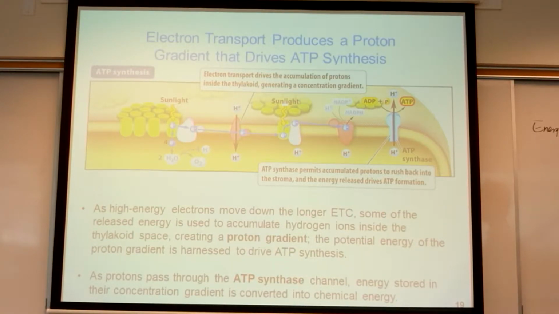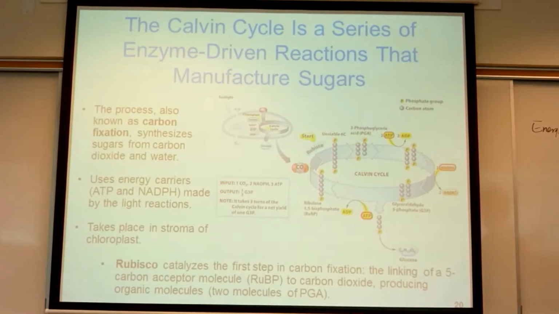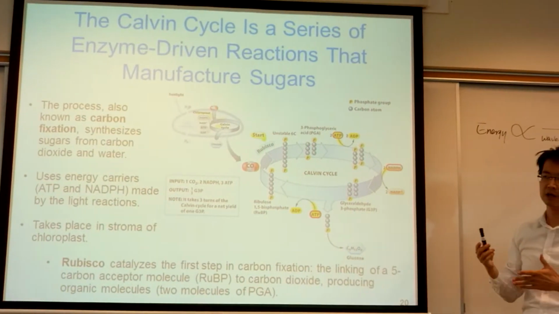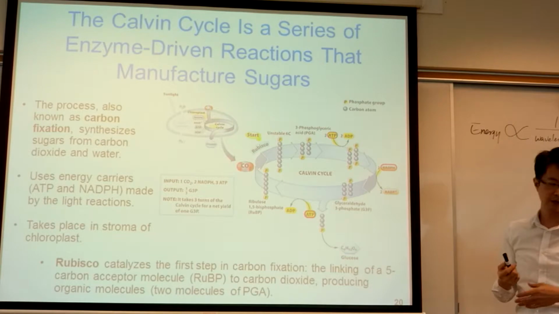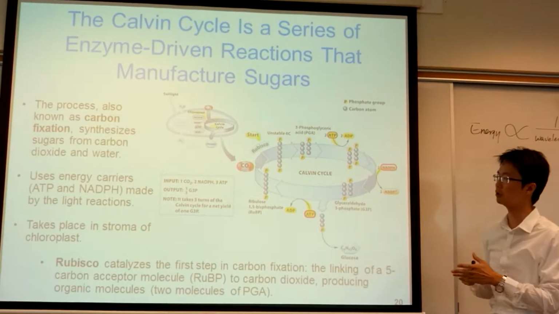So it is very similar to the electron transport chain that we learned in cellular respiration. So that's it. The light reaction is like the electron transport chain we learned at the end of cellular respiration. Now we go to Calvin cycle.